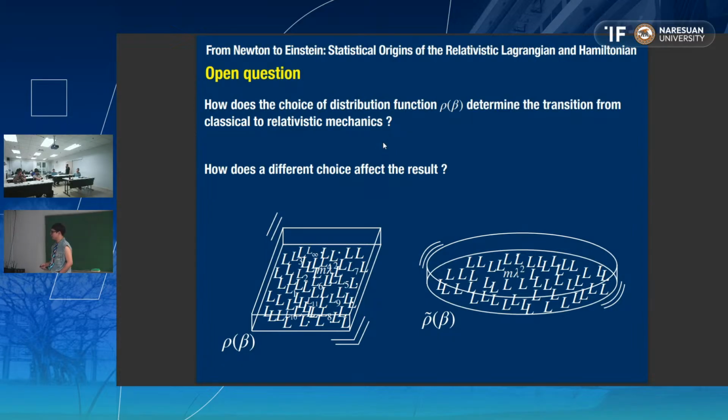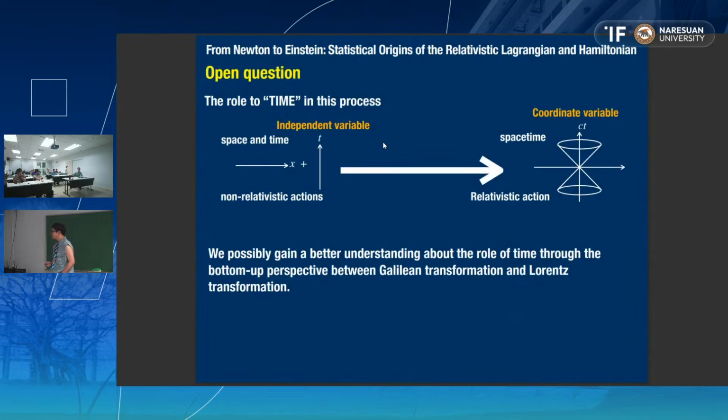I mean, if you change the distribution, like the box here to be like this, what will happen? We don't have a clear answer yet, but I believe, I don't know. I don't want to say anything now. We need further investigation.